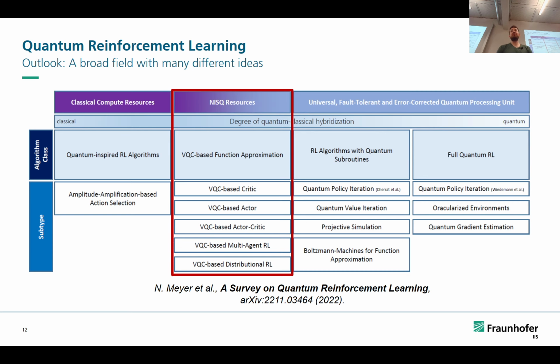So for most deep learning algorithms, we don't really have guarantees that there is a good performance, but if it works empirically well, you're basically happy. And today, we are looking at a very specific algorithm which tries to approximate the policy with a variational quantum circuit. So much on the introduction to quantum computing and quantum reinforcement learning.